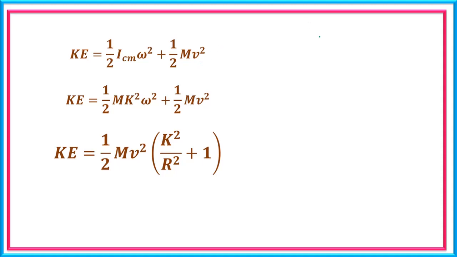We can write ICM, that is moment of inertia about the center of mass, as mk square, where k is the radius of gyration. Hope you remember radius of gyration. We have learned it in our first video.